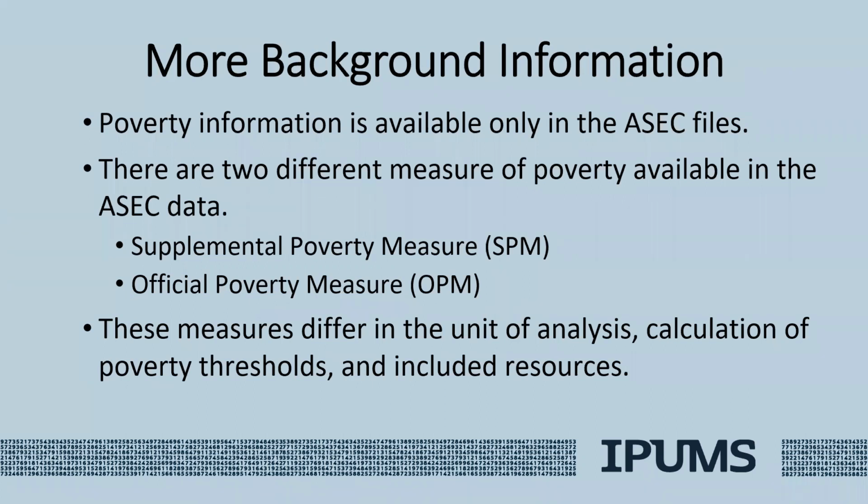The SPM uses a slightly more inclusive resource unit that also takes account of co-resident unrelated children and unmarried partners, among others. These measures also differ in the way that they calculate poverty thresholds and what resources they include to determine whether a given unit is above or below that threshold.